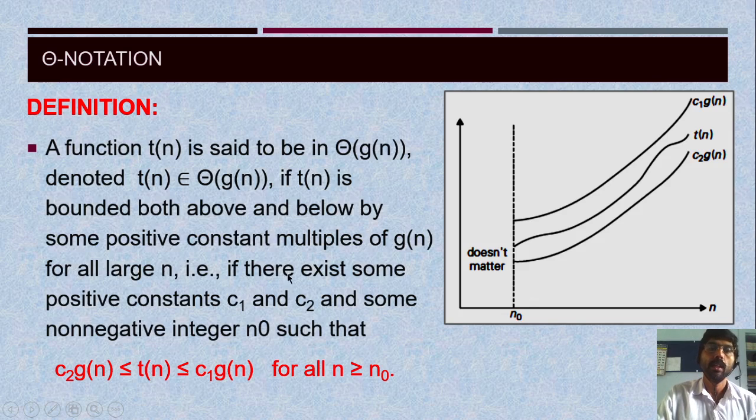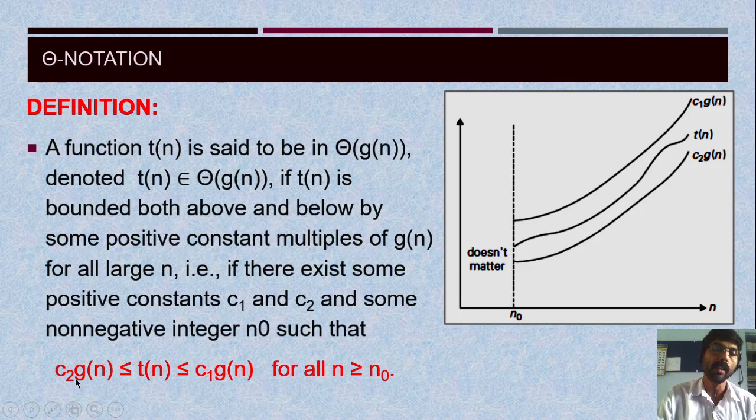That is, there should exist some positive constant C1, one more positive constant C2, and some non-negative integer n0. The comparison of the algorithm will be done after n0.